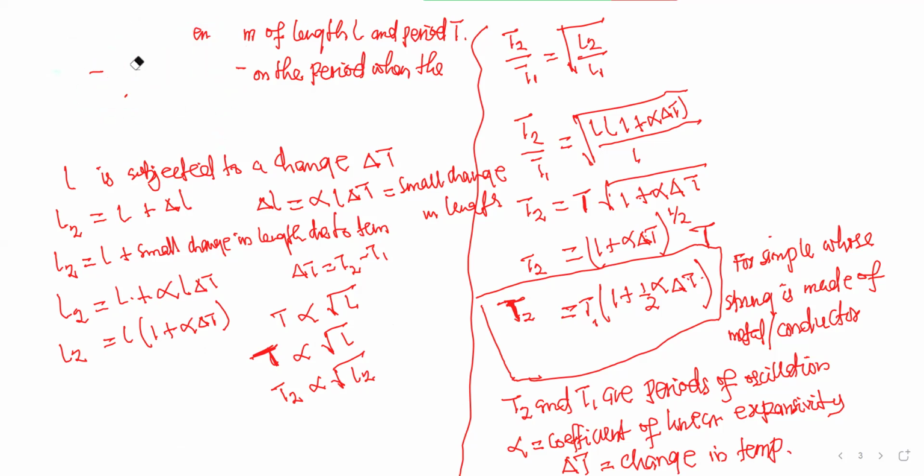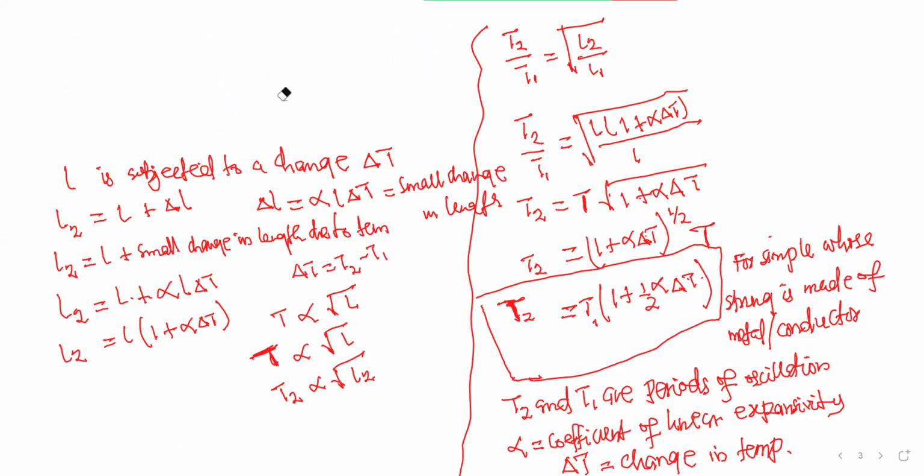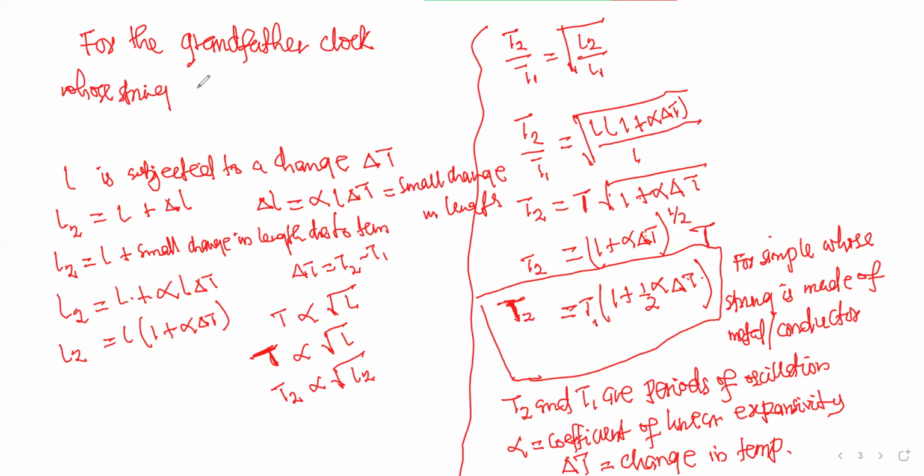Let me indicate the heading here. So for the grandfather clock, whose string is a wire of length L. So if we have a simple pendulum whose length is made of wire, a metallic conductor, then the period is also affected by change in temperature delta T. Okay.